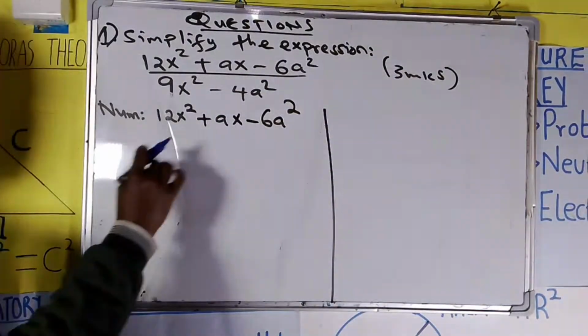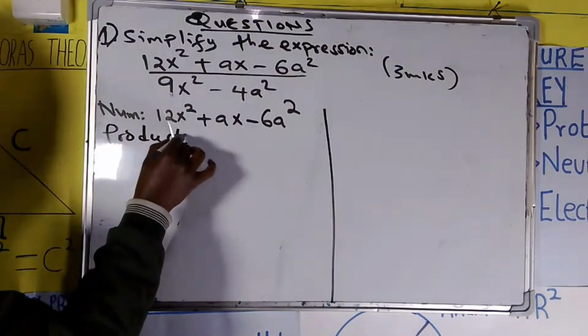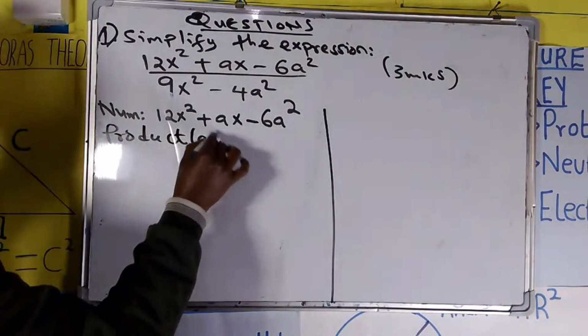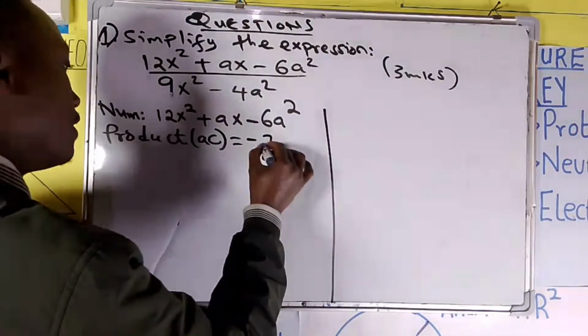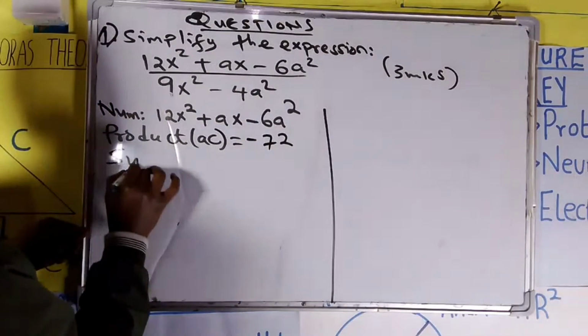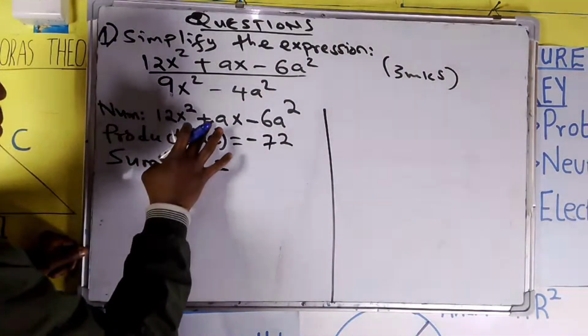So we said in this question, our product is AC, and our AC is 12 times negative 6, which will be negative 72. Then our sum is B, so our sum will be 1.